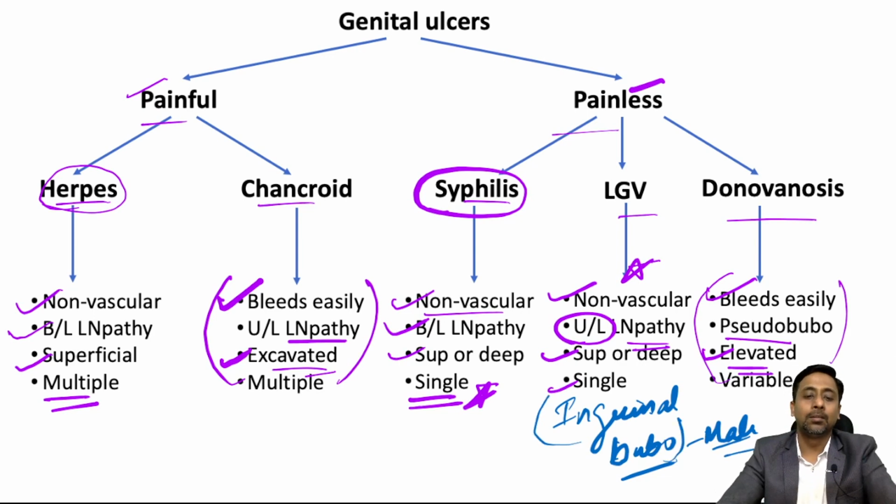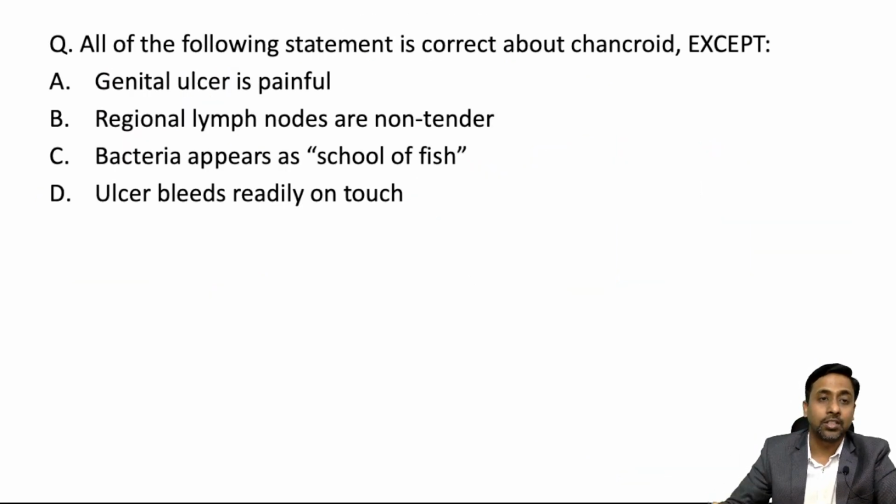Okay, so we will see more questions asked on this topic. The first question is, all of the following statements are correct about chancroid except: genital ulcer is painful, regional lymph nodes are non-tender, bacteria appear as a school of fish, ulcer bleeds readily on touch. So the first option, genital ulcer is painful. If you remember chancroid, yes, it is painful. Regional lymph nodes are tender, may suppurate, loculated, and usually unilateral.